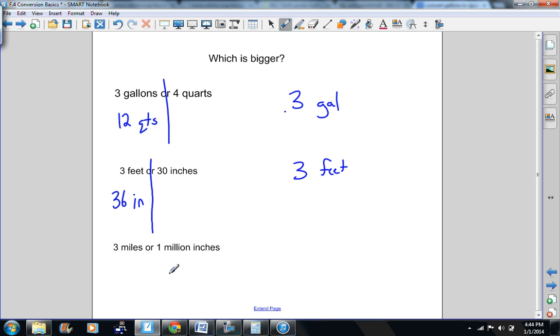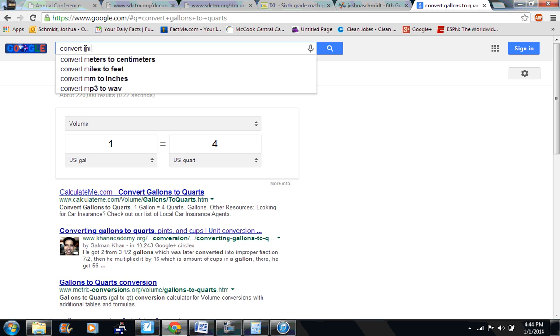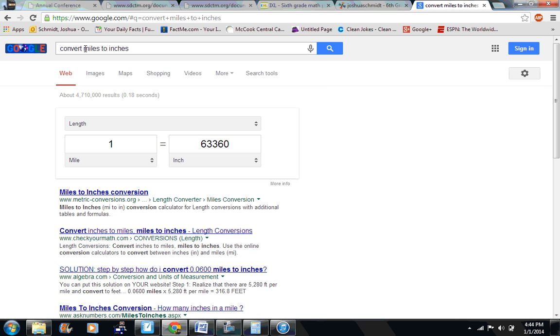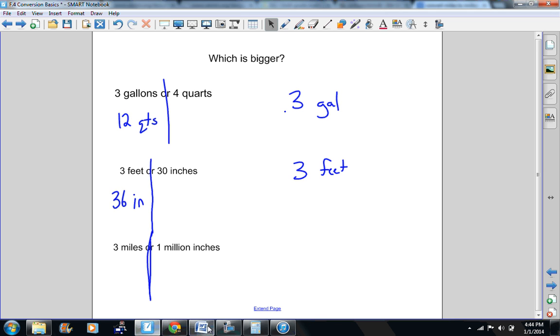And then, now this is where it gets a little tricky, 3 miles or 1 million inches. Well, we're going to have to go miles to inches. That's 63,360 times 3.